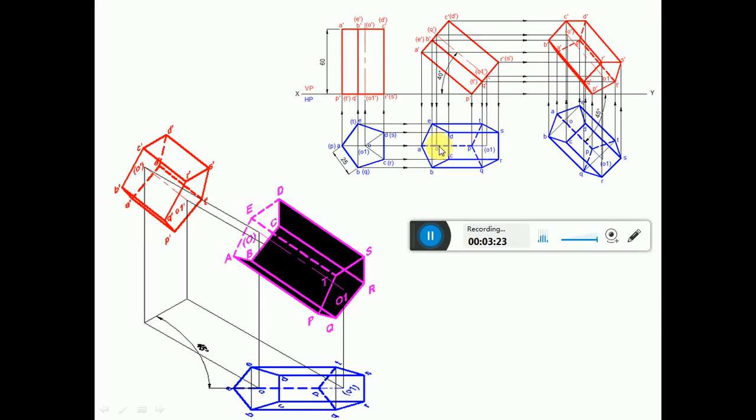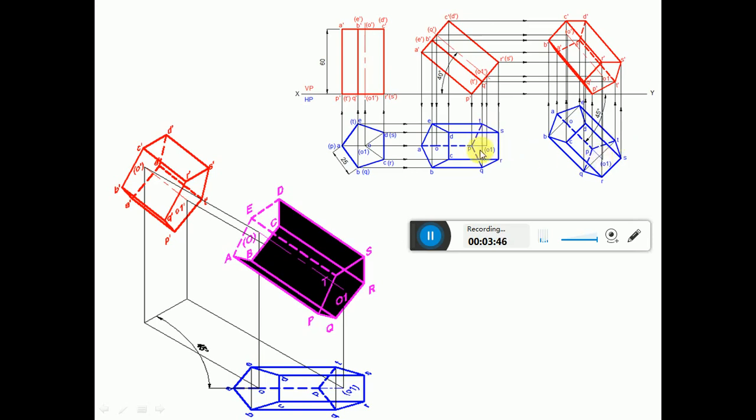Similarly, from O you measure the distance O to P. From O you mark that point P. Then from O you measure the distance from O to this point and transfer it from O on this OO1 line. You are going to get this point.